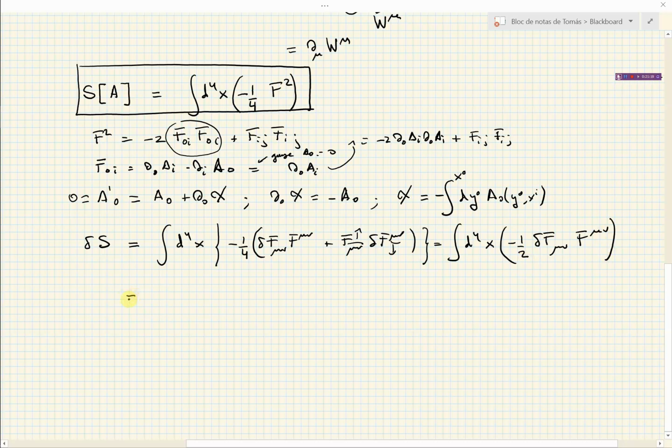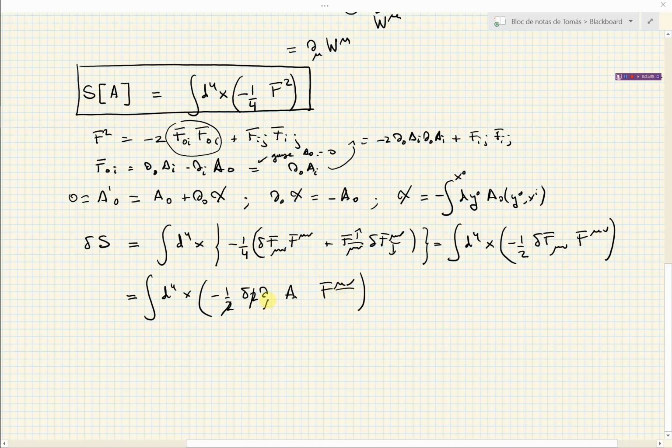Now I use the definition of f_{mu nu}, and this is minus 1/2 the variation of partial_mu A_nu minus partial_nu A_mu, with a factor of 2 that cancels this 1/2, and then f^{mu nu}. Since this is contracted with f^{mu nu}, which is antisymmetric in these two indices, I can remove these antisymmetrizers.